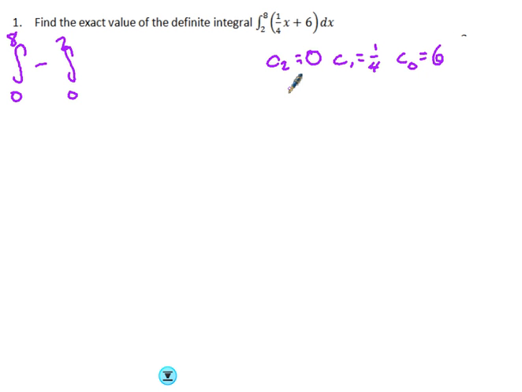If we want to integrate with respect to x, we're going to say this is the c sub 2 value 0 times the upper boundary a cubed divided by 3, plus the c sub 1 value, 1/4, times the upper boundary a squared divided by 2, plus 6, the coefficient of the constant term, times the upper boundary a.